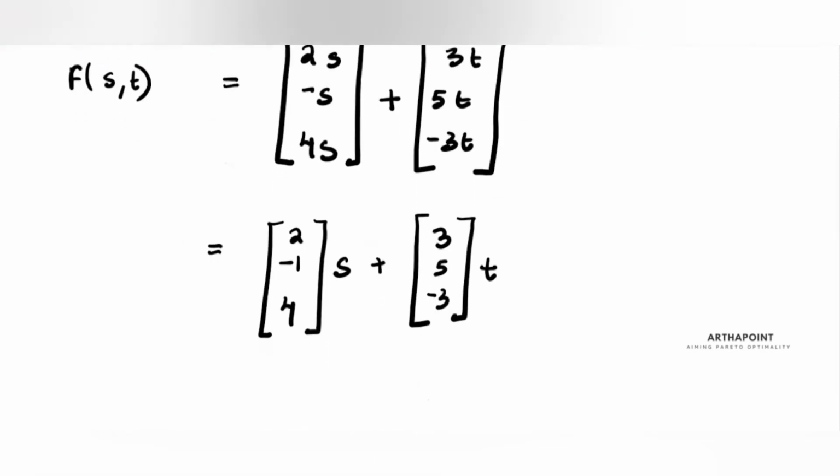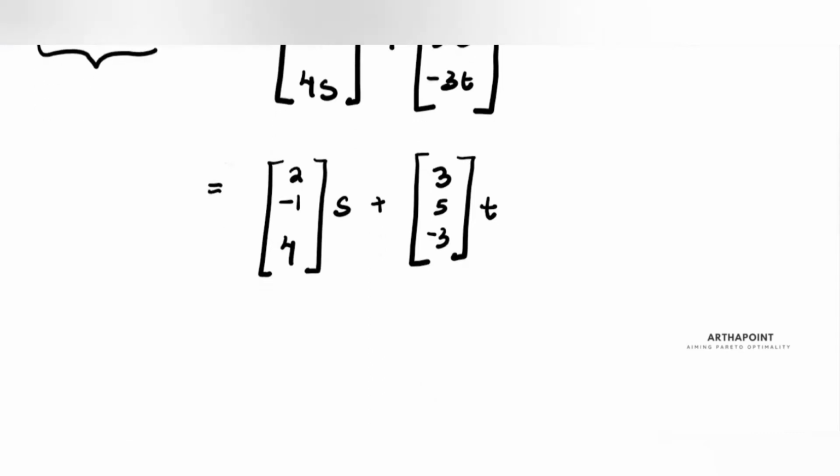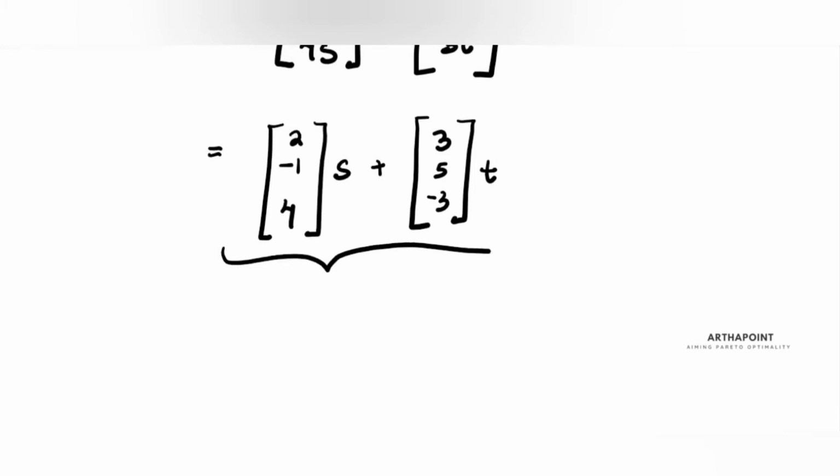So I took this function and I showed it as a linear combination of s and t. Automatically, it is a linear transformation. Automatically, it is a linear mapping. So the answer is yes, it is a linear mapping because it can easily be broken into the linear transformation of the two vectors s and t.